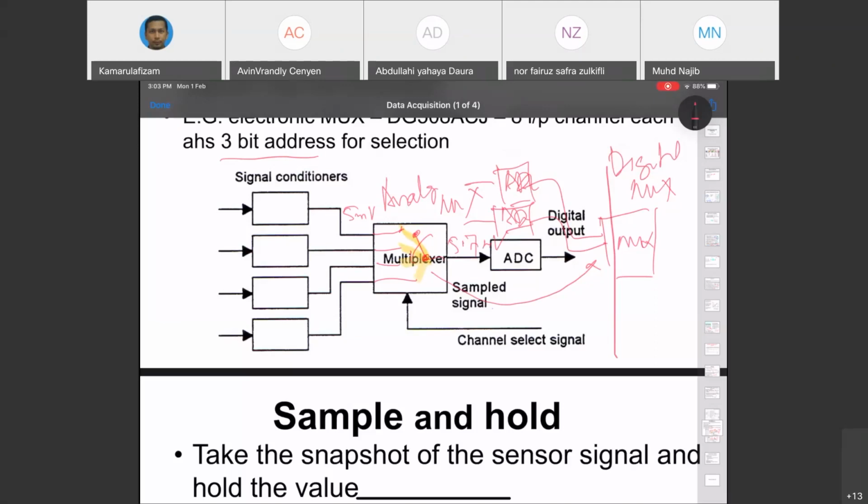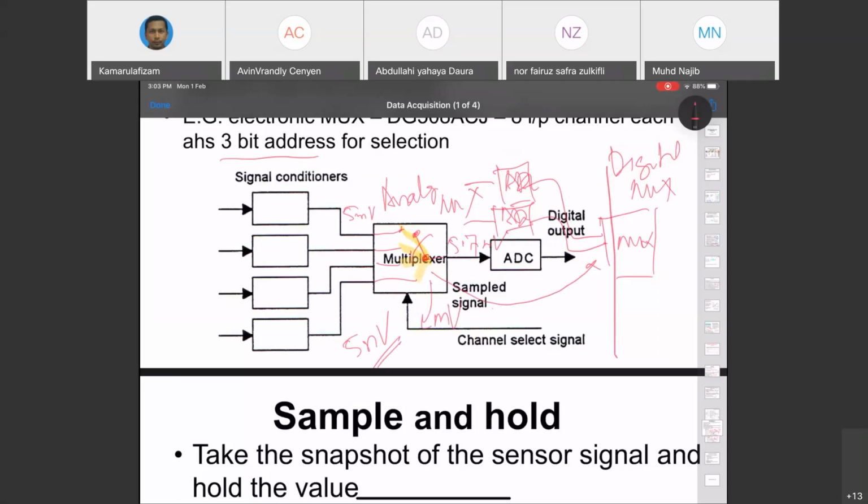But if you are working, for example, at the nanovolt level, and the multiplexer, when it does switching, can introduce noise at the millivolt level, then your signal will be gone, interfered with and interrupted by the multiplexer itself.